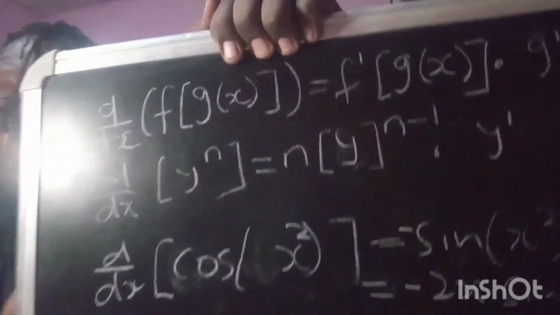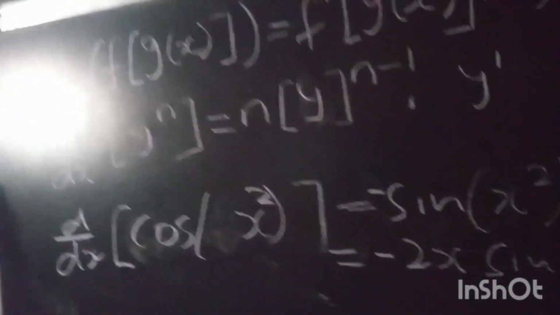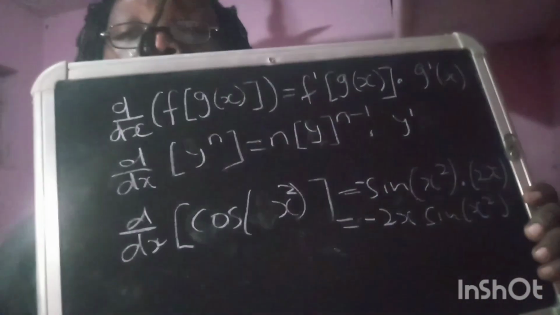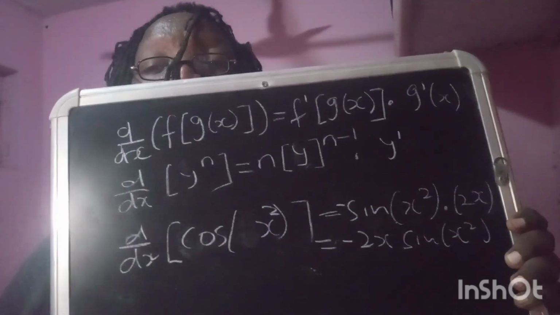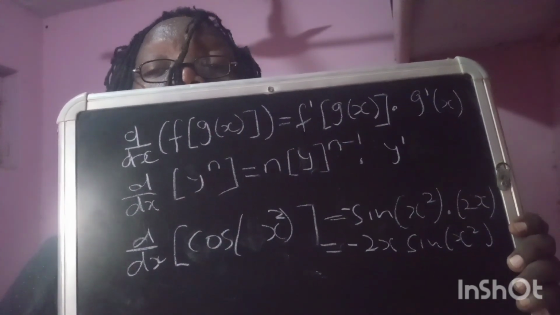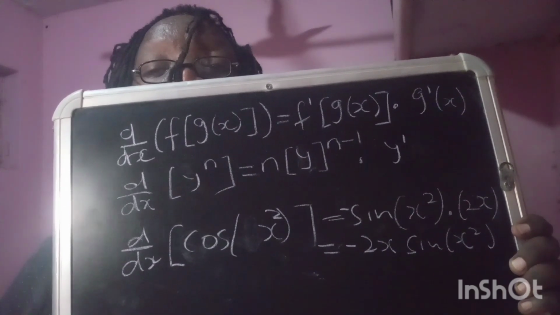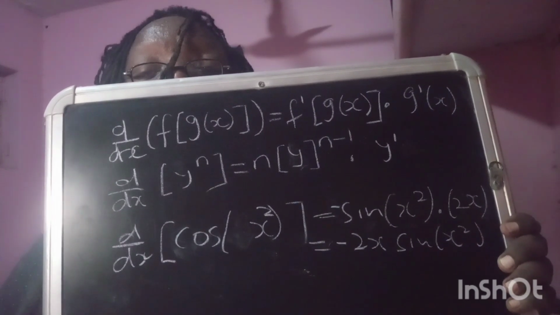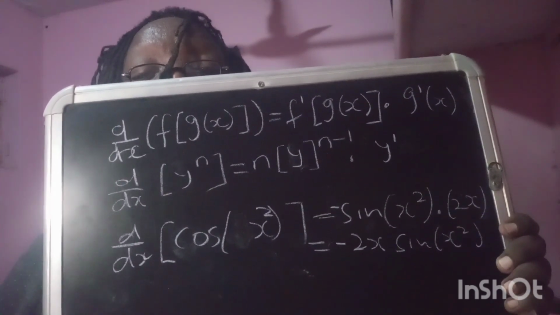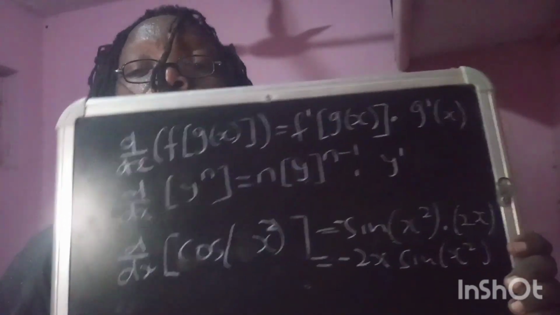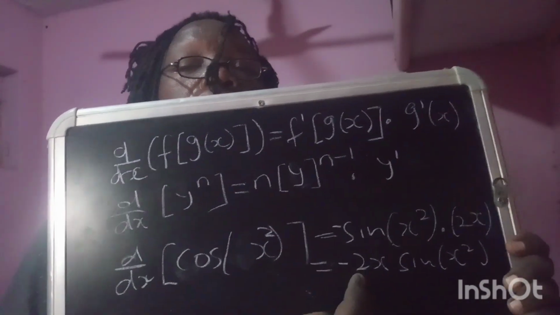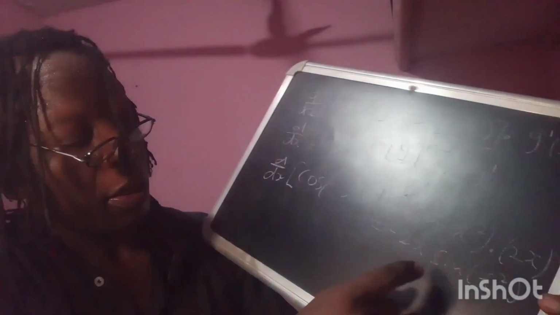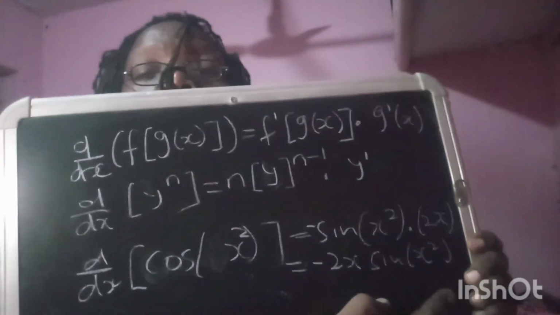So you can copy down. I'm trying to adjust it in a way that you can see it. Okay, now you can see it clearly. d over dx of cosine x squared is equal to minus sine x squared, the inside remains the same, and then you have 2x. Multiply the minus sign and you get minus 2x sine x squared.